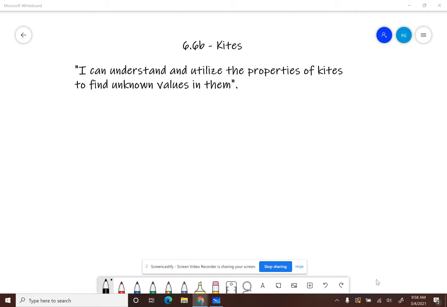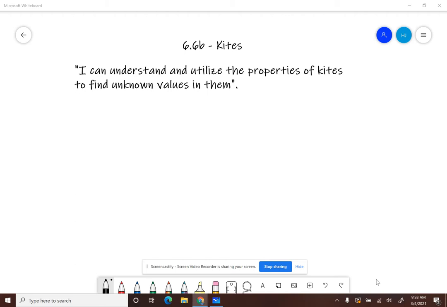It says, I can understand and utilize the properties of kites to find unknown values in them. First of all, let me say that we have one of the great characteristics that we've been using to try to figure out what makes each quadrilateral separate and different and have its own characteristics. One of the characteristics we've really been looking at is the number of parallel sides.